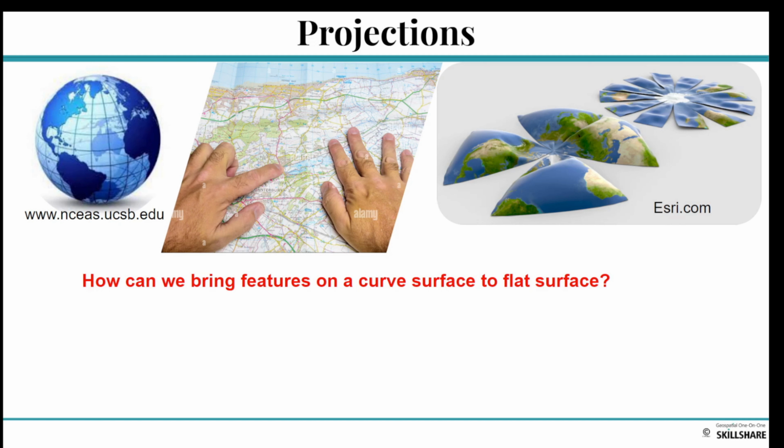Thankfully, we don't have to do that, but we want to be able to keep the Earth spherical and be able to create a flat map that represents the curved part of the Earth. So basically, we would have to apply some sort of mathematical model to convert the coordinates on the curved surface to a plane.